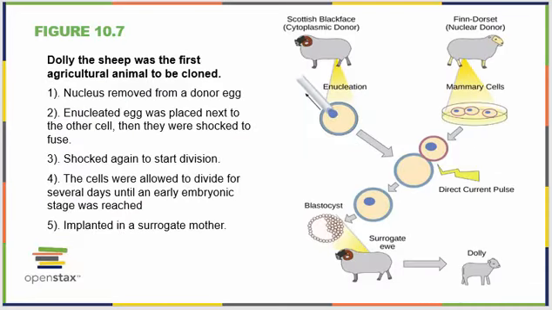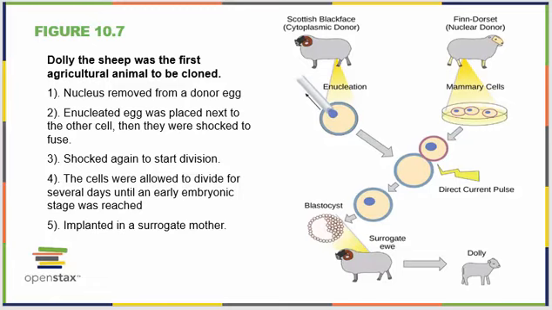Organismal cloning is another outcome of biotechnology. In this case, a nucleus is removed from a donor egg. The enucleated egg is placed next to another cell, which was donated from a different individual, and they are shocked with electricity, which causes them to fuse. This injects the donor nucleus into the donor egg.